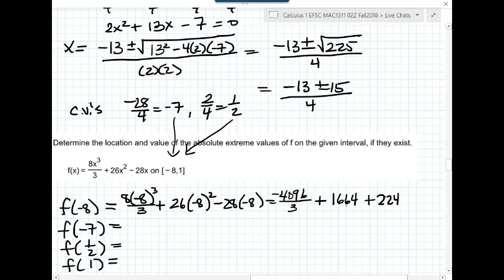Check my arithmetic, please, if you're watching. Plus, we have 26 times 64 is 1664, and then plus 28 times 8 is 224.